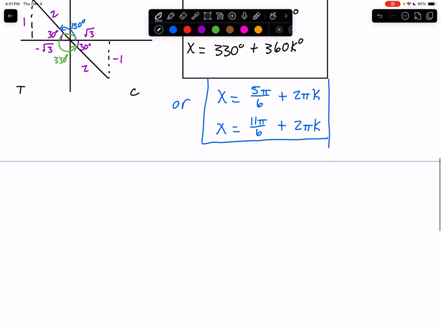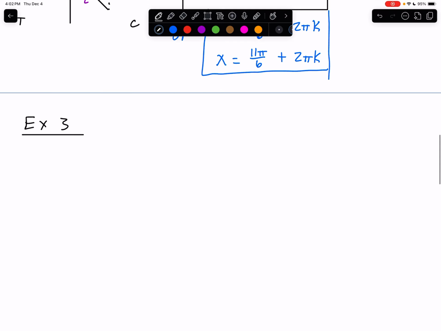Okay, let's look at another kind of example. Sometimes it can look a little bit more complicated. So let's say we have: solve cosine squared x plus cosine x equals 0 over the interval 0 to 2 pi.